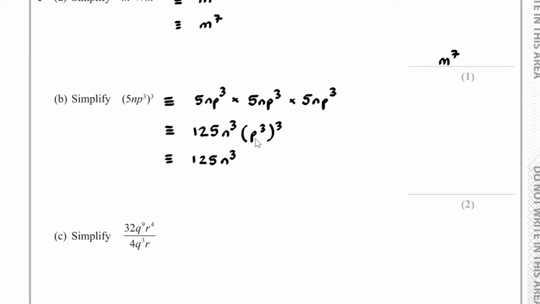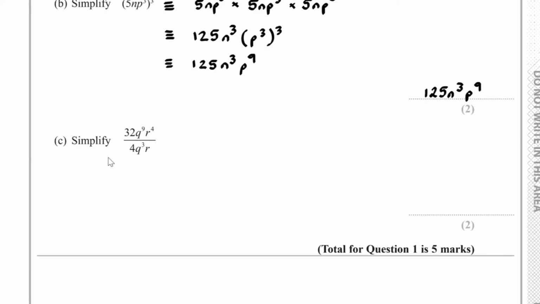When we have a base to a power to another power, we multiply, so we end up with 125 n cubed, and then we have p to the power of 3 times 3, which is 9. So we have 125 n cubed p to the power of 9.